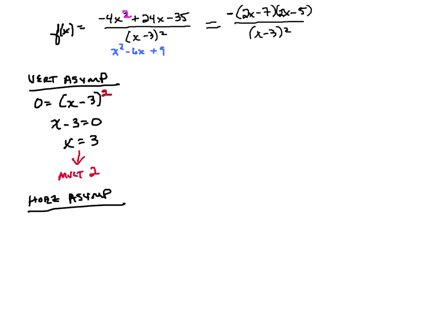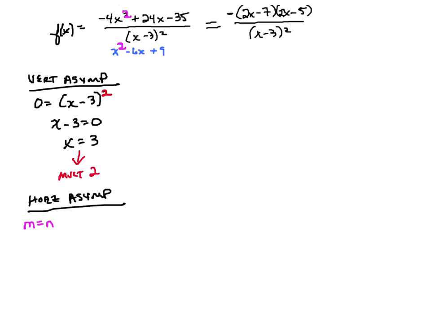This is where we look at the degree of the numerator and the degree of the denominator. The degree of my numerator is 2, and the degree of my denominator is 2.